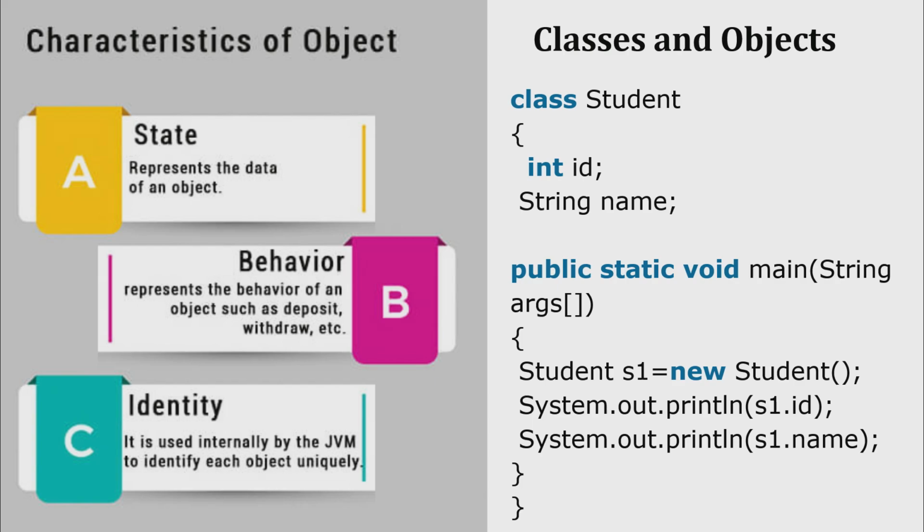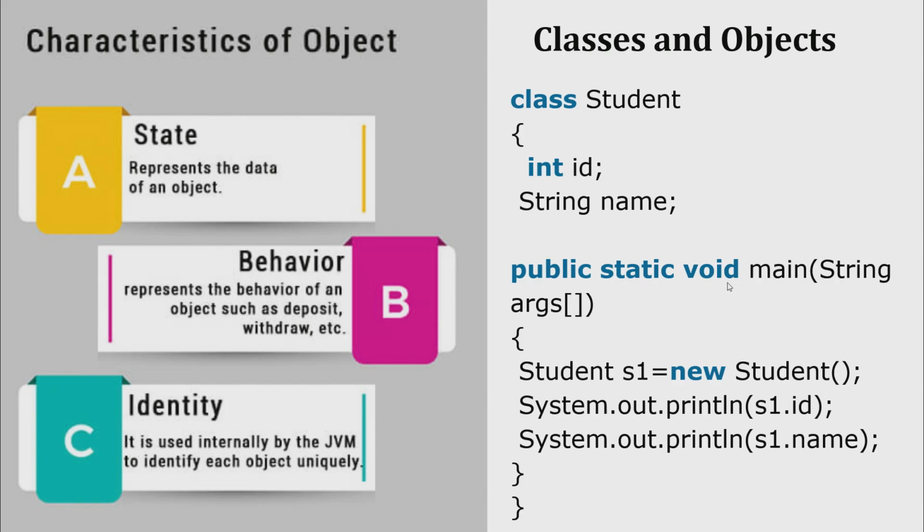Here is an example for classes and objects. I have declared a class with the name Student. It has two properties: int id and String name. Methods are the behavior of this object.